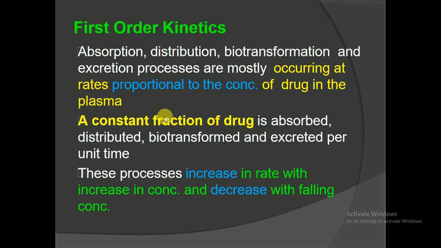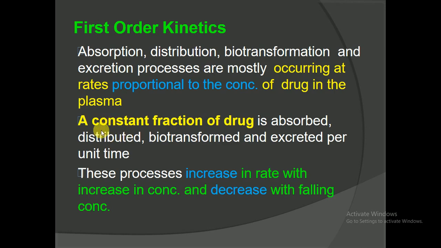This is very clear: if we increase the concentration of the drug, the rate of reaction will be directly proportional to the concentration. So in this case, these processes occur at a rate that is directly proportional to the concentration of the drug in the plasma.